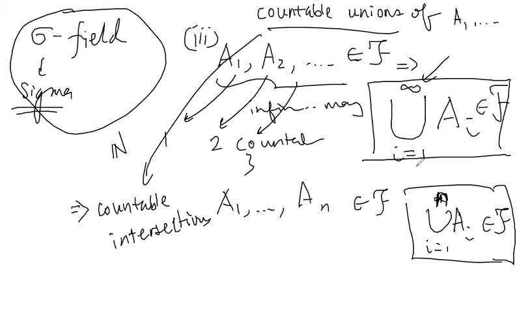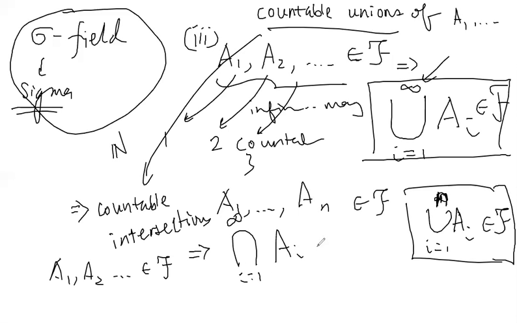It's the same situation where you have A1, A2 in F, which also implies that the countable intersection is in F. So a sigma field is what we are going to focus on later for the study, but it basically comes from the field.